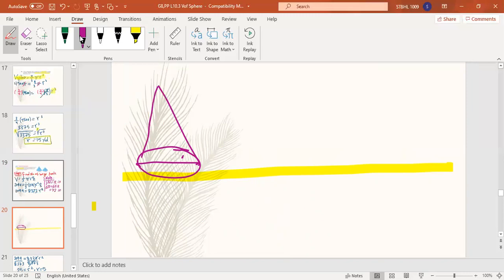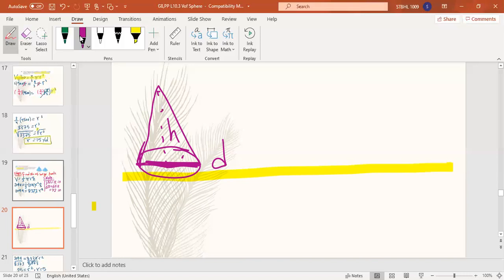The hat has two dimensions. It has the diameter and has the height. Which dimension of these is placed on the shelf? Is it the diameter or height? It's very clear that it's the diameter.